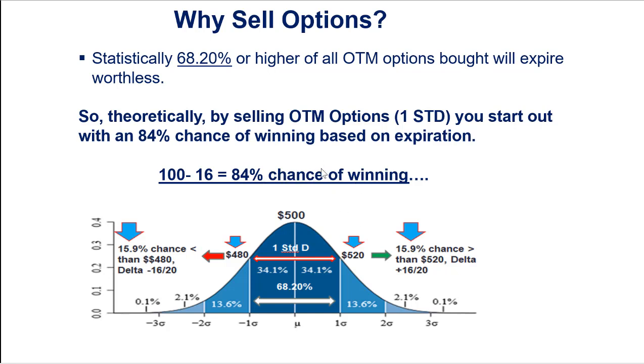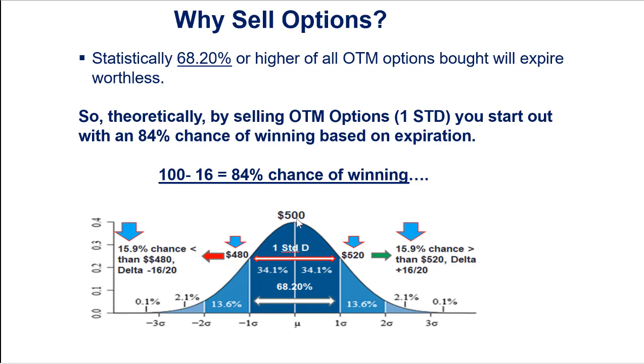Basically, if you were to sell this 520 short strike, then 520 and below, you've got an 84% probability that price will close below 520 theoretically, based on this trade trading at $500, X number of days to expiration, and the implied volatility.